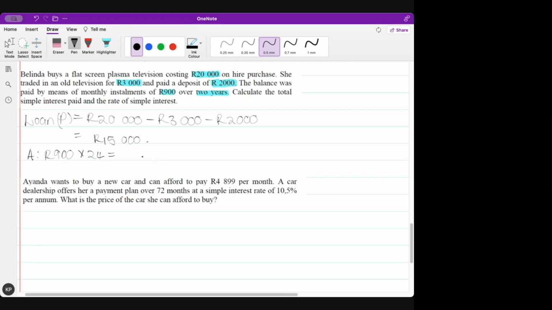So how much was the accumulated amount? 21,600. Remember, Sanele, be careful. You have to do it over months, so you can't say times 2. You need to convert this to months. So you say 2 times 12, and that tells you that this is 24 months.